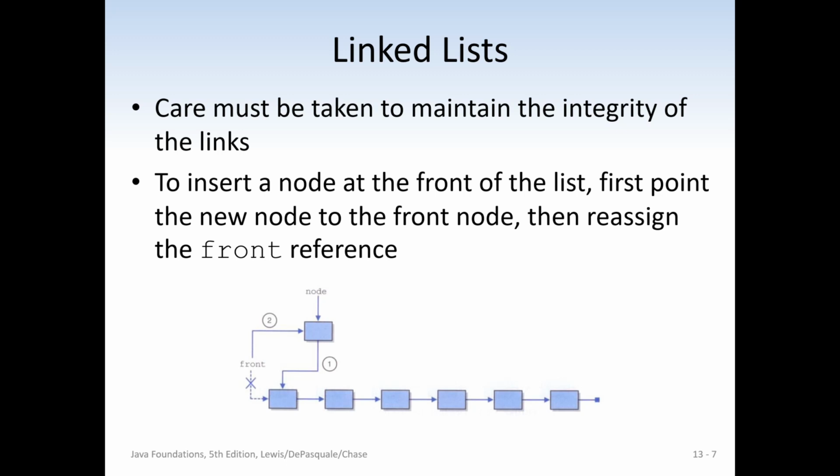So if we want to, for example, insert a node at the front of the list, we first point the new node to the front node and then reassign the front reference. Let's say we have this thing called node. First we would say node.next equals front, and that would set the next reference equal to the front reference.